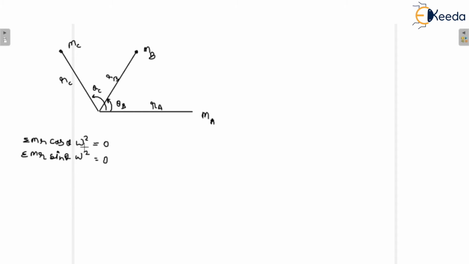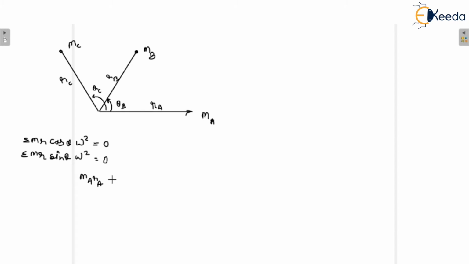Now we just have to use the first equation. The mass MA RA cos 0 degree, because this is the 0 degree angle, so cos 0 is nothing but 1. We can take omega square as common and we can neglect it because omega square is the same for all the masses.